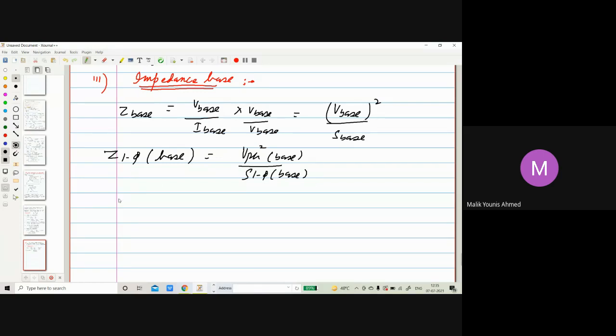Similarly, for Z base for three phase, we are extending the same result: V phase whole square base over S single phase base. We multiply by 3 on the numerator and denominator.